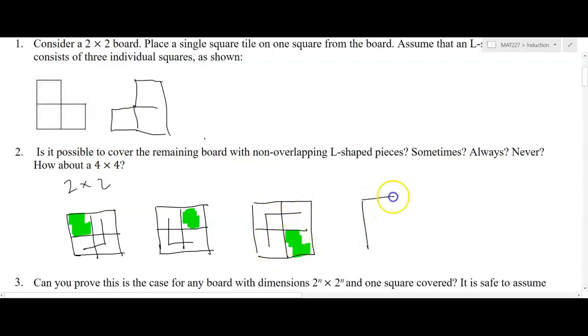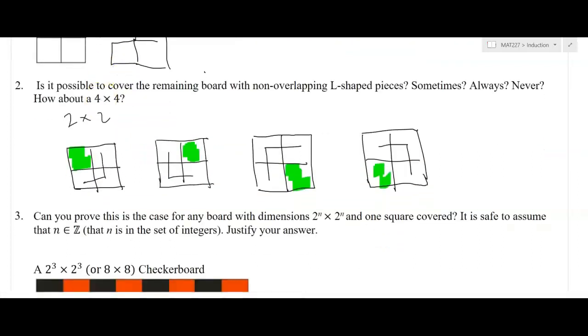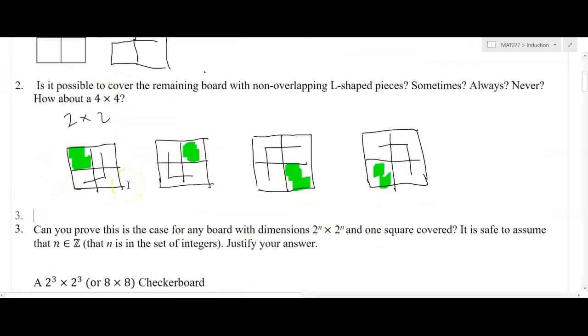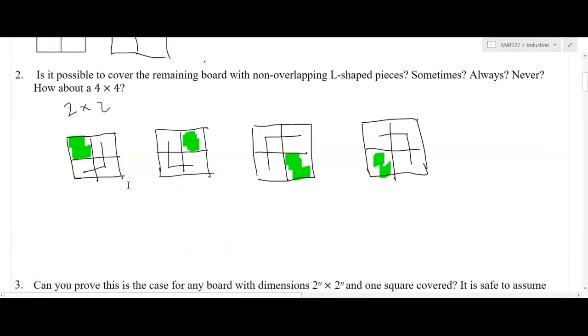And finally, the last case of the 2x2 would be where we covered up the bottom left square, which is this guy, and then use L-shaped pieces to cover up the remaining ones. That's great, that's for a 2x2. But what about a 4x4? Well, for a 4x4, we'd probably have to do some convincing of ourselves in order to establish whether or not that's true. So let's move on to a 4x4.